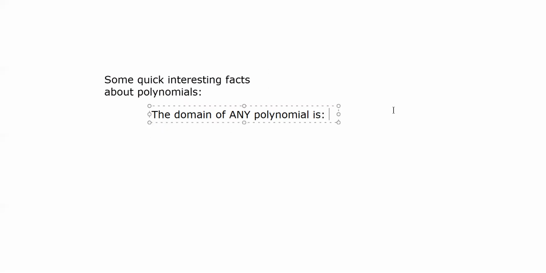That's not normally true. Normally things are more nuanced. But because you can't have negative powers, which cause division by your variable, and because you're not allowing square roots of your variable, that's what makes the domain always all real numbers for all polynomials. This is a useful fact that we are going to appeal to many times.